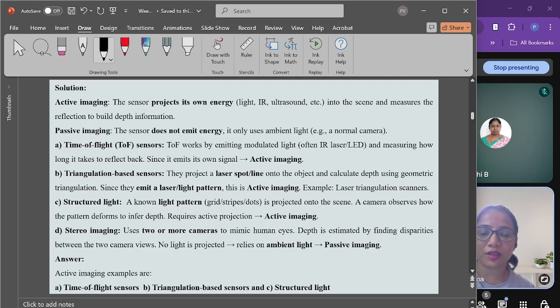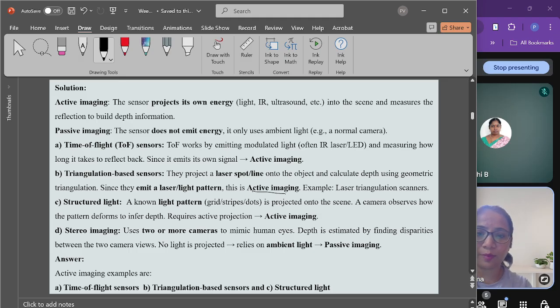It projects a laser spot or line onto an object to calculate depth using geometric triangulation. So it is also emitting a laser or light pattern, and this is also an example of active imaging. An example of a triangulation based sensor is a laser triangulation scanner. And now the next one is structured light.